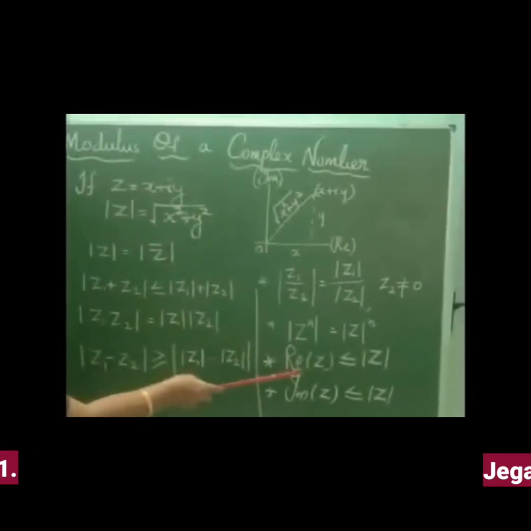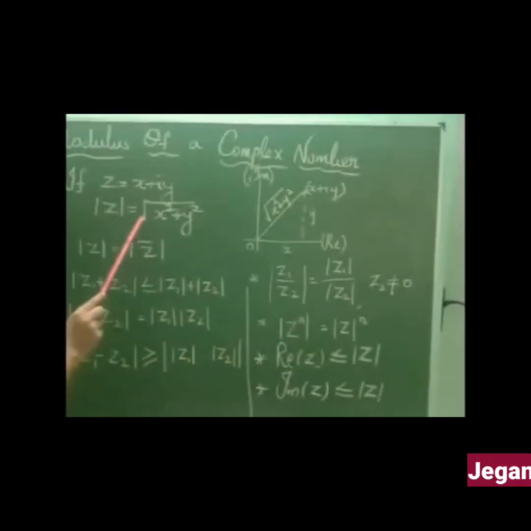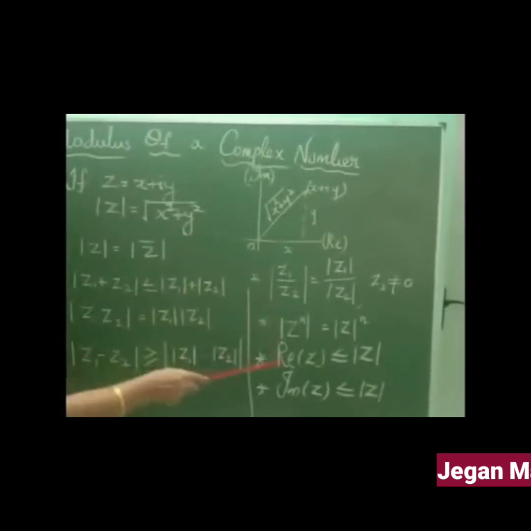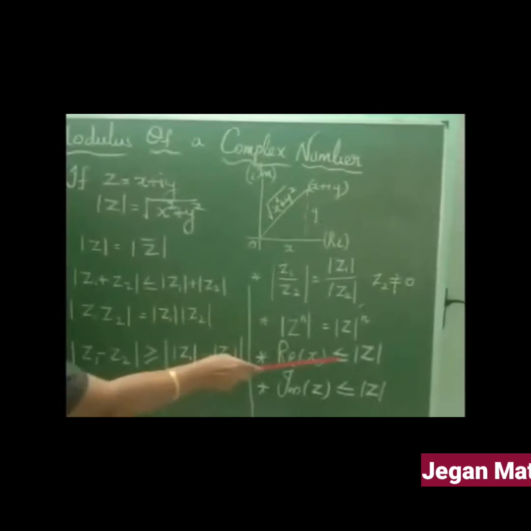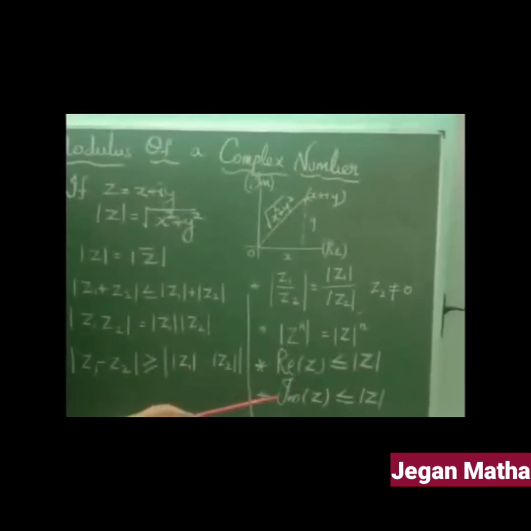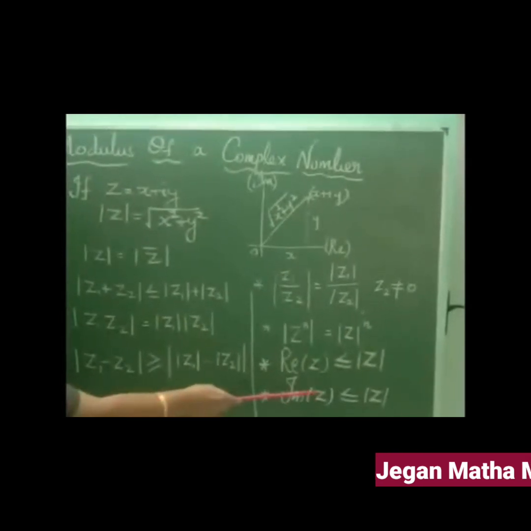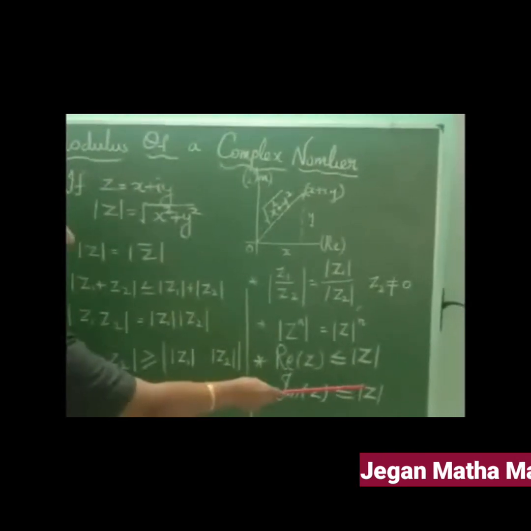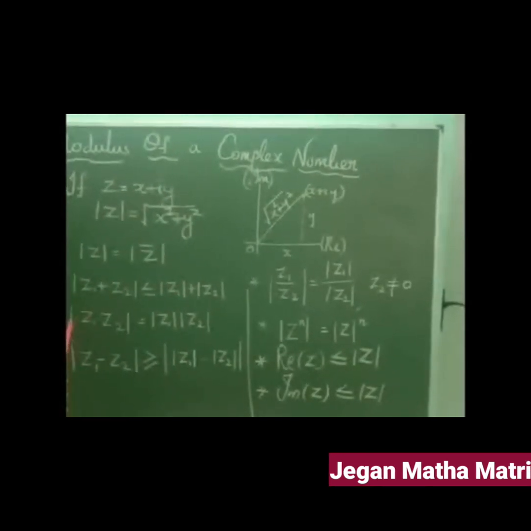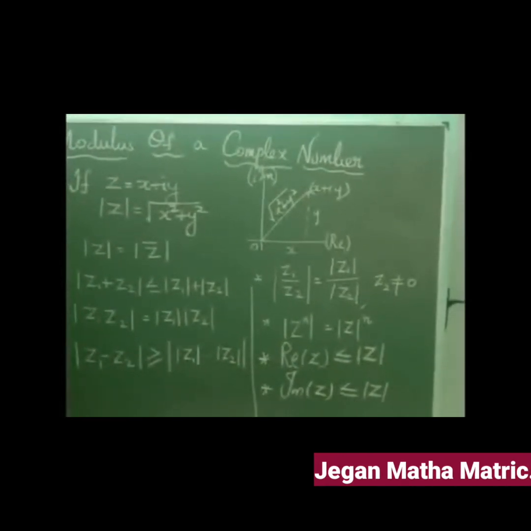When we consider the modulus value, that is equal to square root of x square plus y square. So the real part of z must be less than or equal to modulus of z, and the imaginary part of z must be less than or equal to modulus of z. These are the properties of the modulus of a complex number.